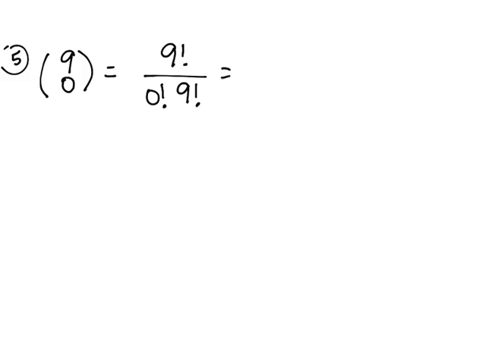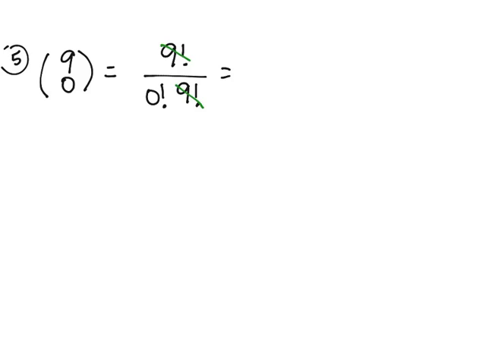What if we did a number over 0? Well, that would give us 9 factorial over 0 factorial, and the difference is just 9. 9 minus 0 is just 9. And so you don't have to walk your top down because the 9 factorials will cancel.